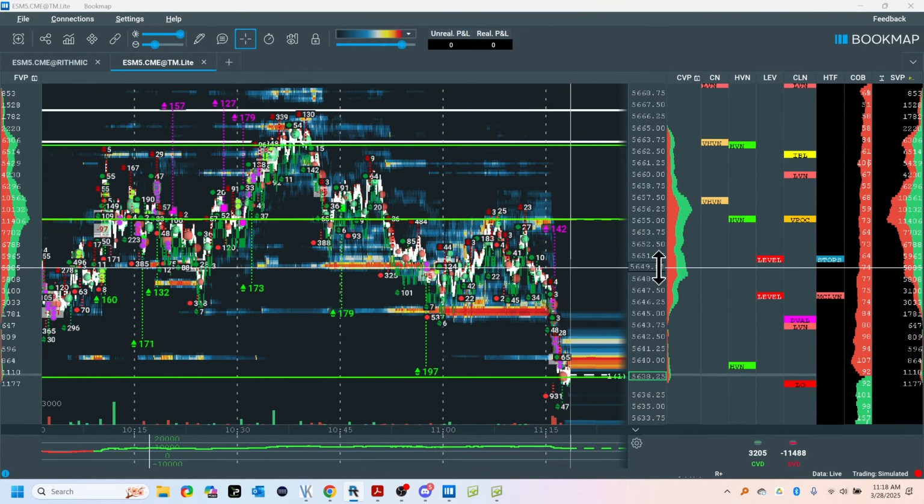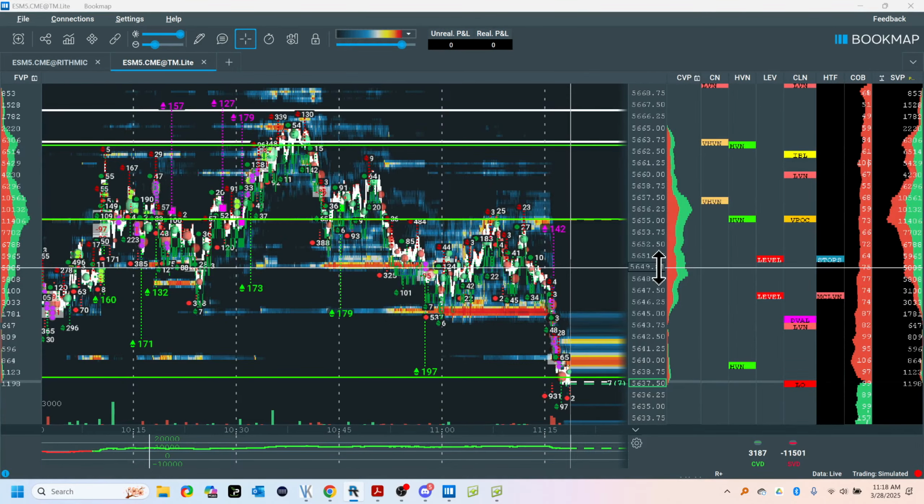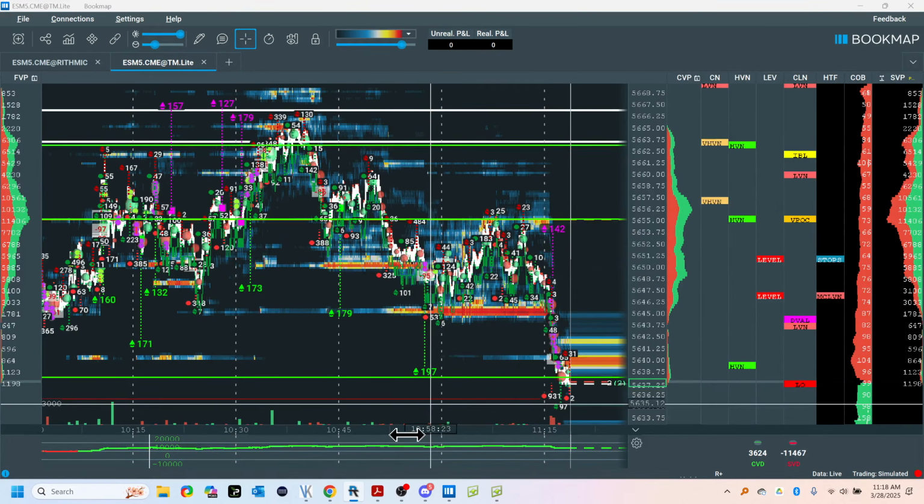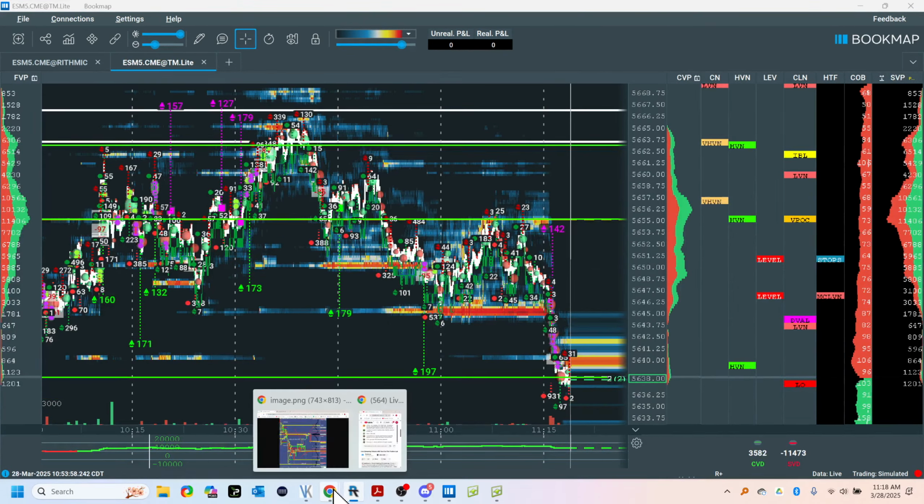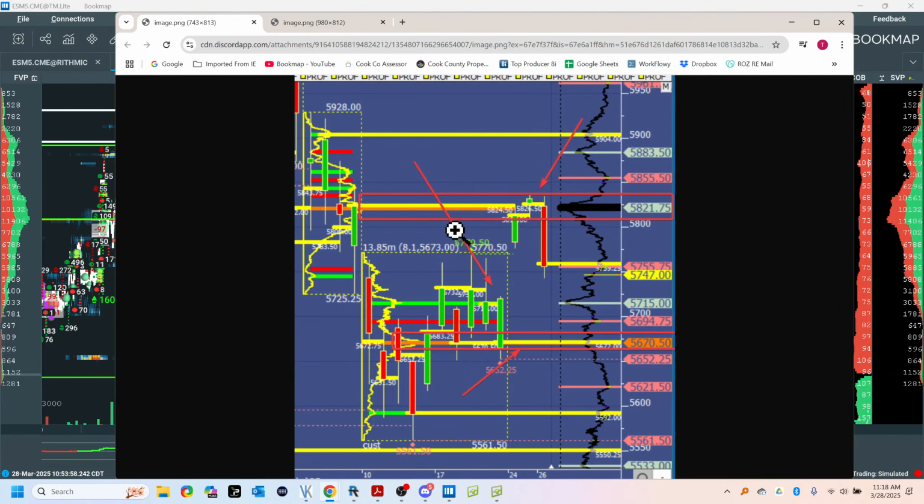For me, the dominant side is the sellers. It's been that way since the all-time high, and it's not evident there, but it becomes evident, to me at least, when we start making sequential lower distributions in a higher time frame.